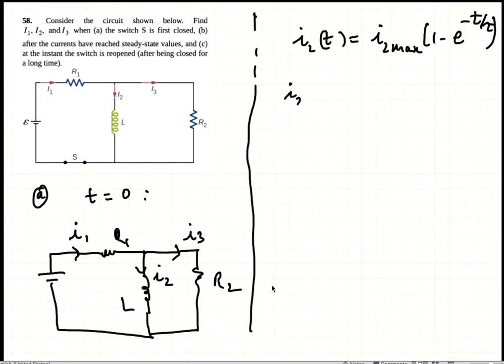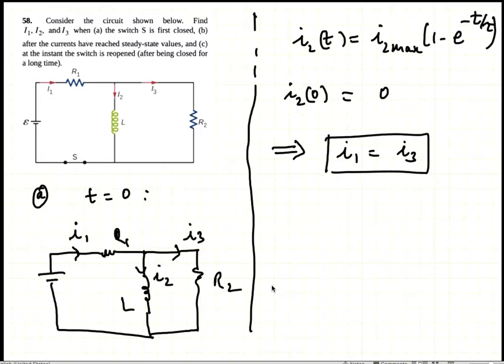And so I2 at 0 seconds, this would be t equal to 0, so this would be 1, and I2 would be 0 at 0 seconds. That would imply I1 equal to I3 at t equal to 0.